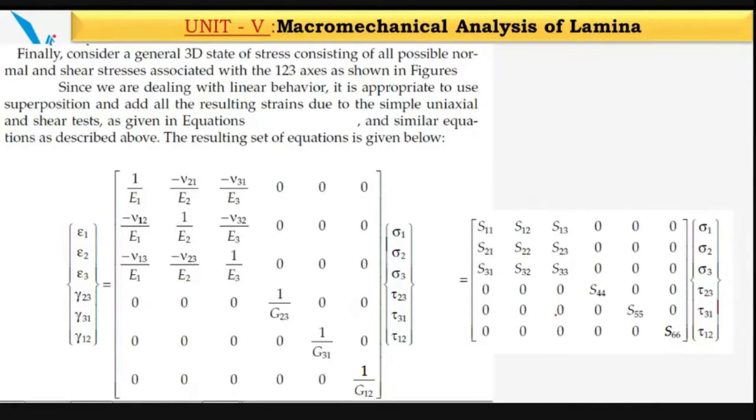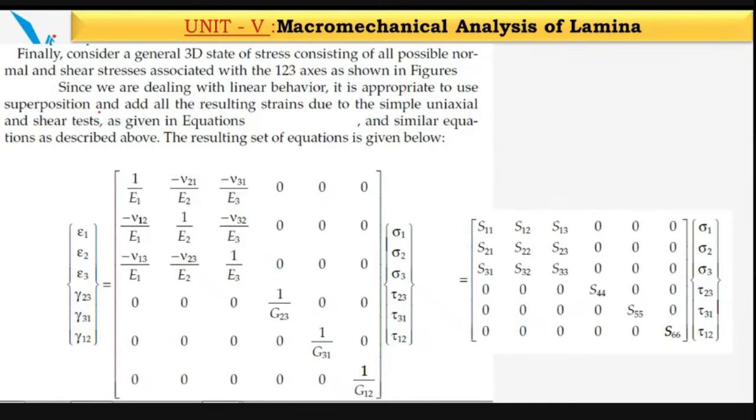Finally, consider a general 3D state of stress consisting of all possible normal and shear stresses associated with the 1 to 3 axes as shown in the figure. Since we are dealing with linear behavior, it is appropriate to use superposition, meaning we can directly add.